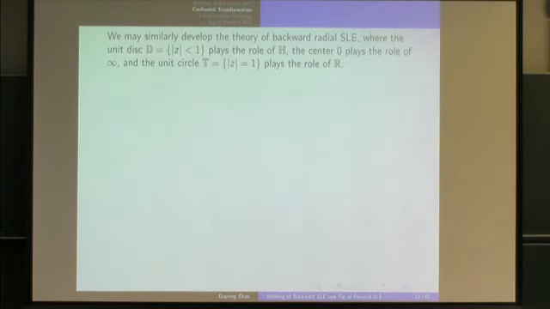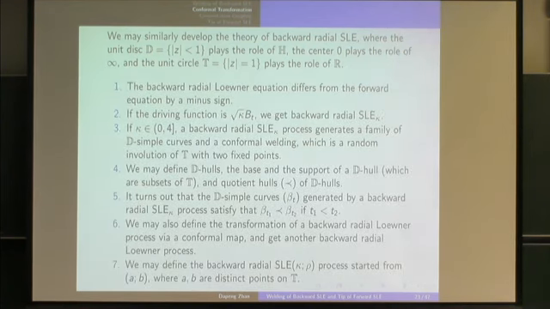We may similarly develop the theory of backward radial SLE, where the unit disk plays the role of the upper half plane, the center 0 plays the role of infinity, and the unit circle plays the role of the real line. So the backward radial Loewner equation differs from the forward equation by a minus sign. If the driving function is square root kappa Brownian motion, we get backward radial SLE kappa. If kappa is less than or equal to 4, a backward radial SLE kappa process generates a family of D-simple curves and a conformal welding, which is a random involution of the unit circle with two fixed points.